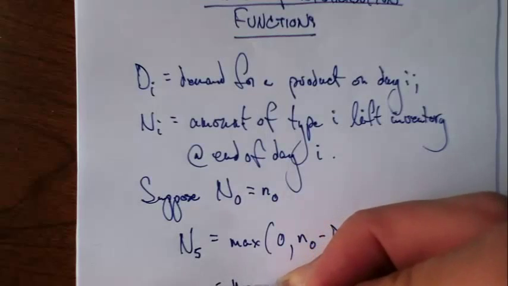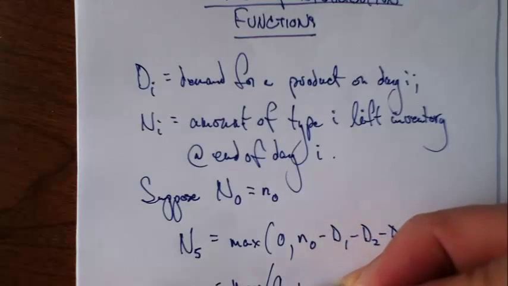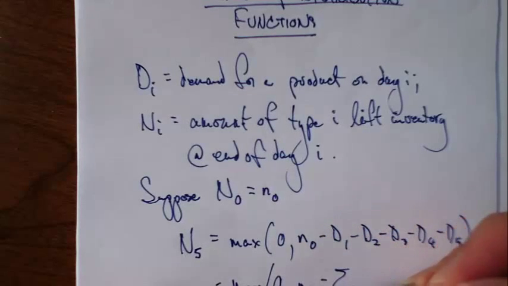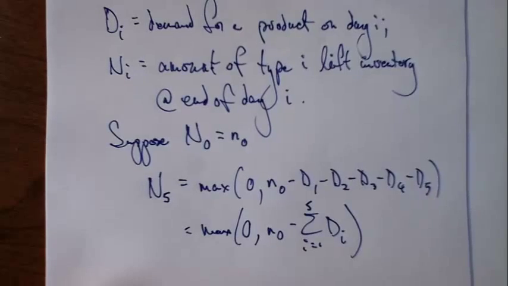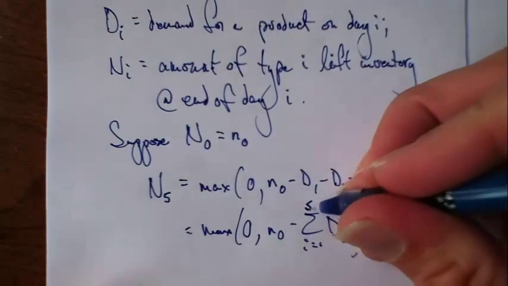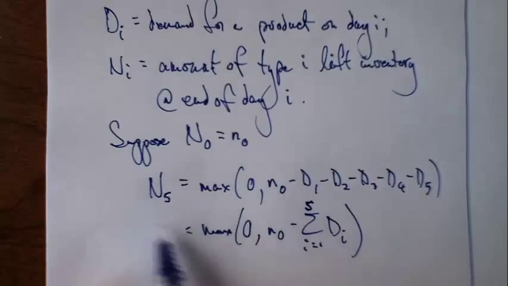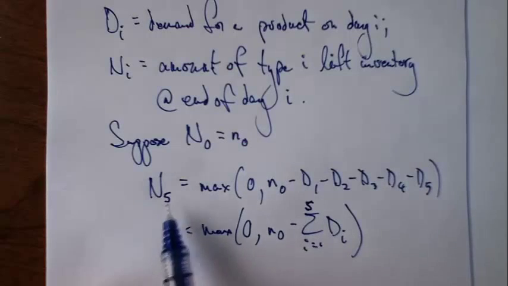Or the max of 0 with N naught minus the sum of D_i, i goes from 1 to 5, right? Yeah, because if you have more demand than you have product, then you can't go below 0 in that case. Yeah, so this kind of thing is important. We'd like to know the behavior of N sub 5 in this case, or the distribution of N sub 5.